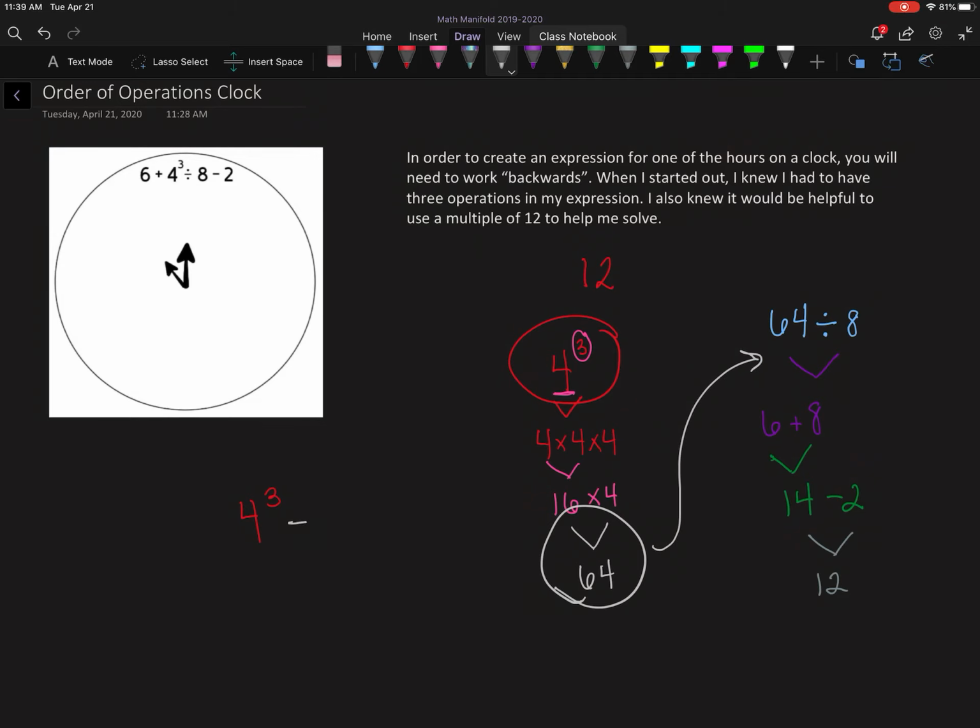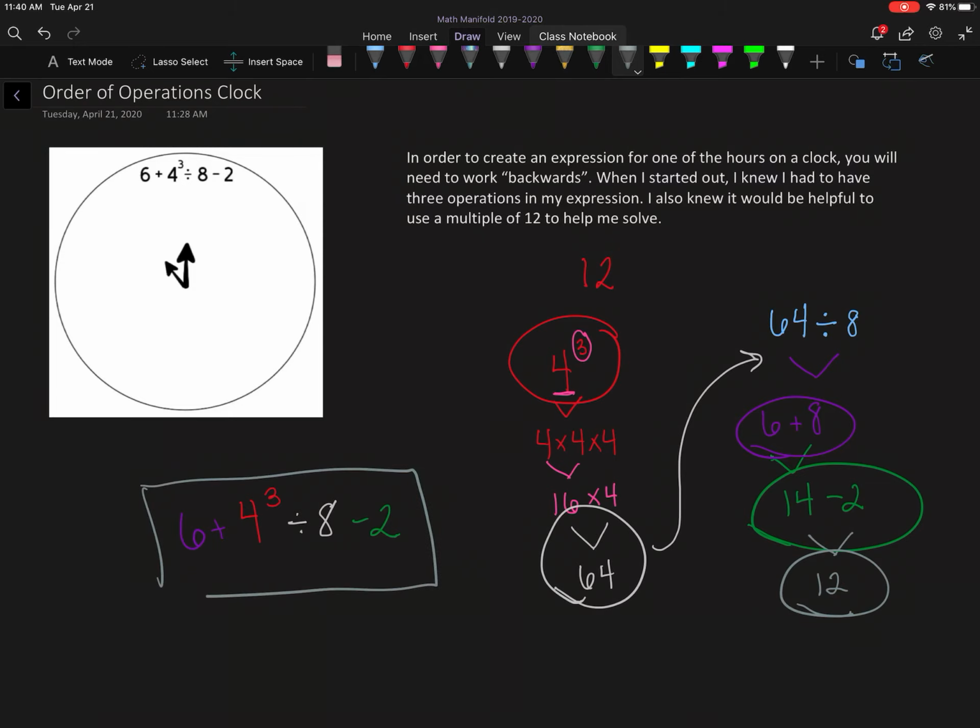So if I was building my expression, then I would show divided by 8. Next, I took the quotient of 64 divided by 8, and I added 6 to it. So that came before my 4 to the third power. And lastly, I took the sum of 6 and 8, which is 14, and I subtracted it by 2 to get my answer of 12.